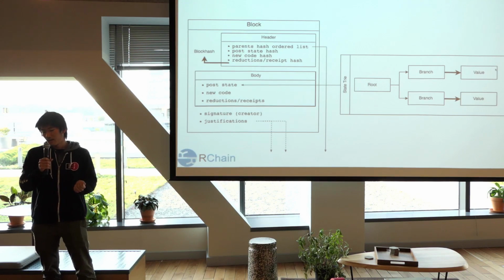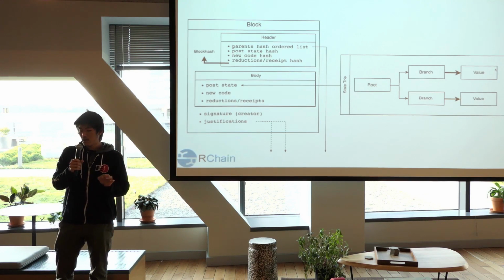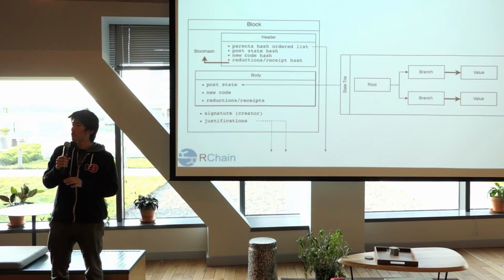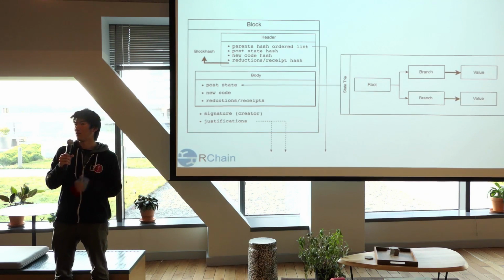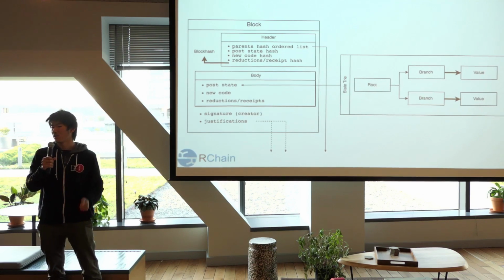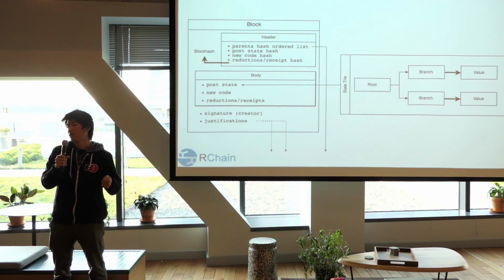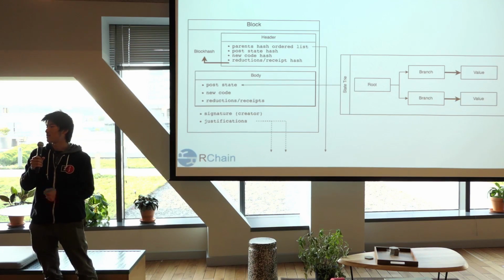It's not too critical to the platform that we have multiple parents. It's one way that we're trying to get more throughput, and we'll essentially experiment with it as we go on.